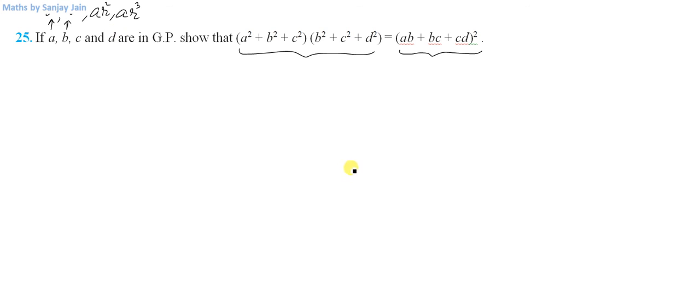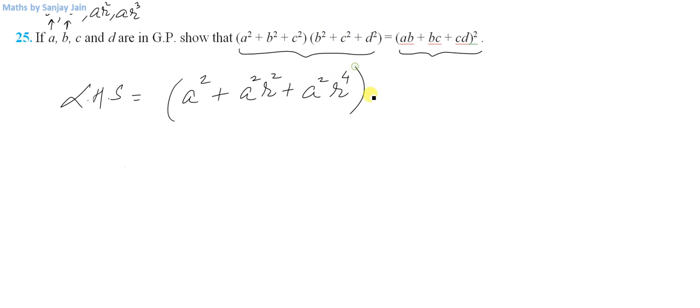And if I look at the left hand side, it will be equal to a squared plus a squared r squared plus a squared r^4, into b squared plus c squared plus d squared, so that will be a squared r squared plus a squared r^4 plus a squared r^6. This will be my left hand side.